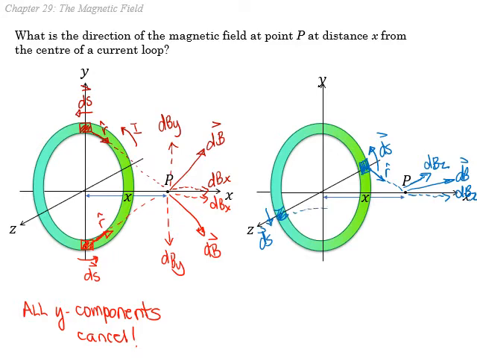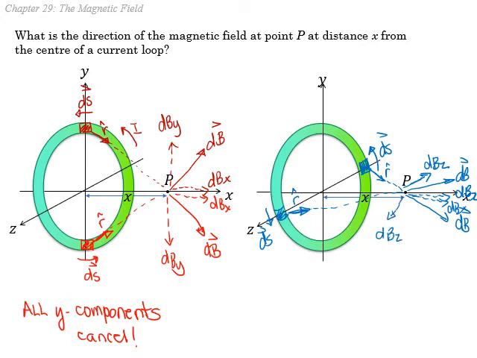The r hat is straight towards point P. We do our right-hand rule, and that little bit of magnetic field comes partly to the right and partly towards us. So in 3D, a little bit like this. So the x component is to the right, z component is forwards.